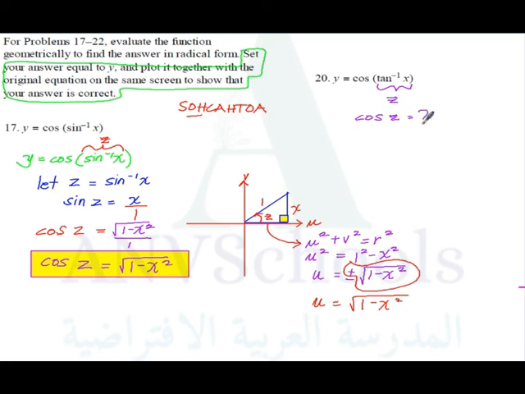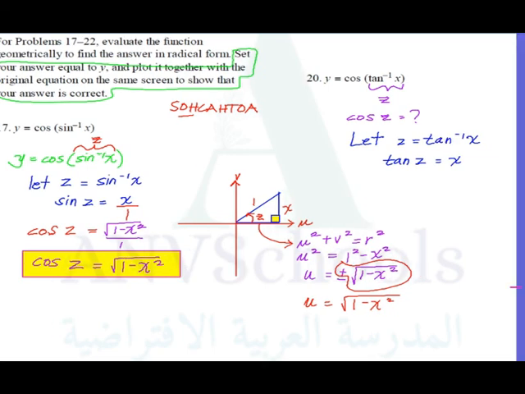So let z be tangent negative 1 of x, or the arctan of x. So tangent of z is equal to x. And the principal branch of tangent is in quadrants 1 and 3. So meaning we have to choose quadrant 1 here.